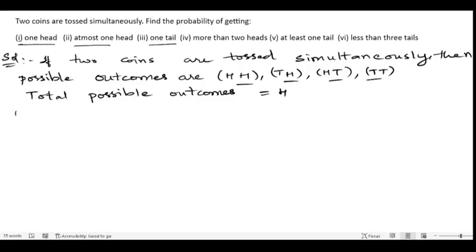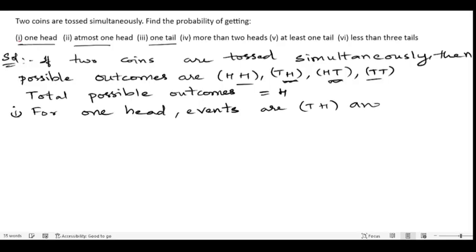Let us solve the first bit. So we need to get one head. For one head, what are the events? Events are, you can see one head is present here and here. So events are tail, head and head, tail.